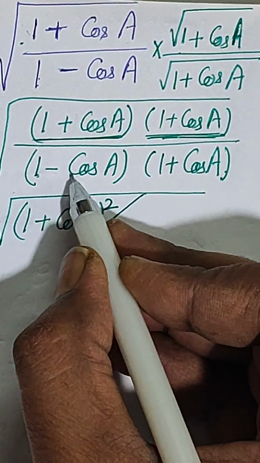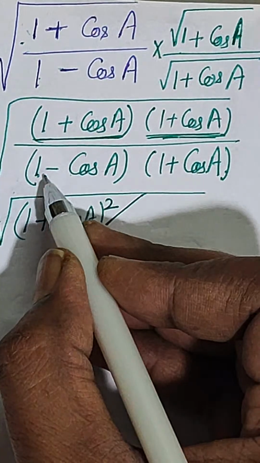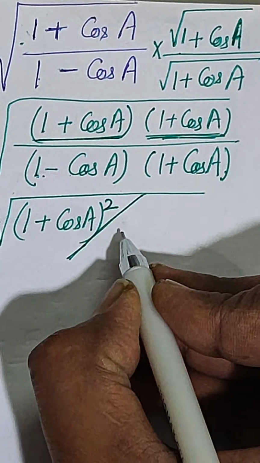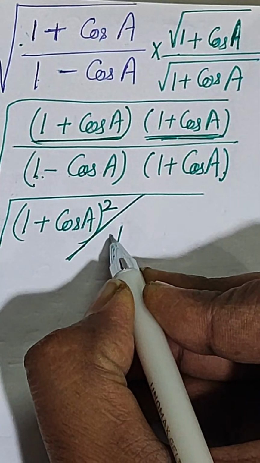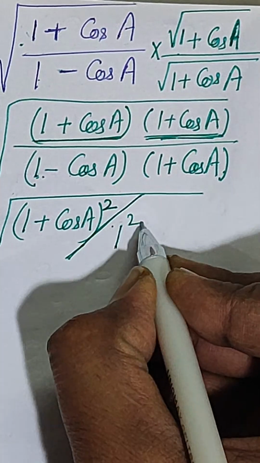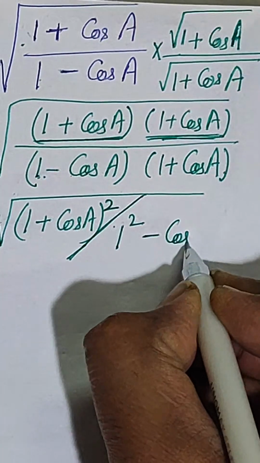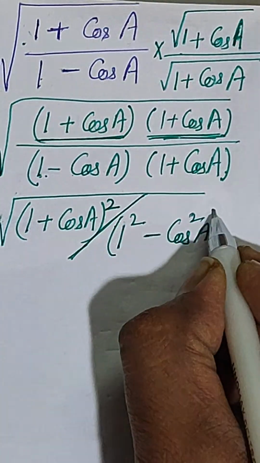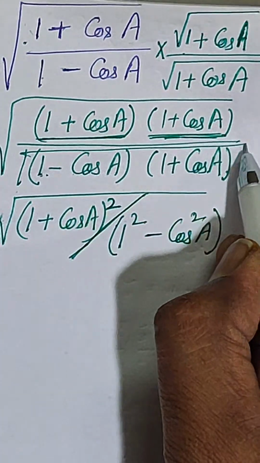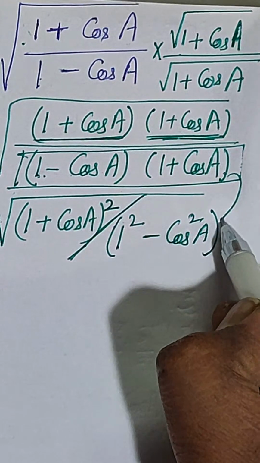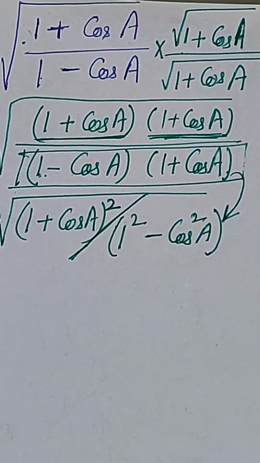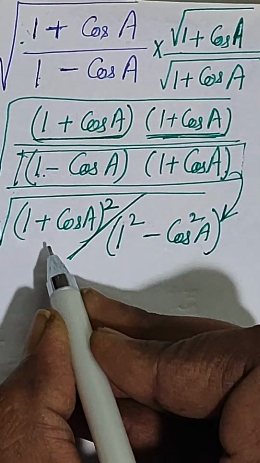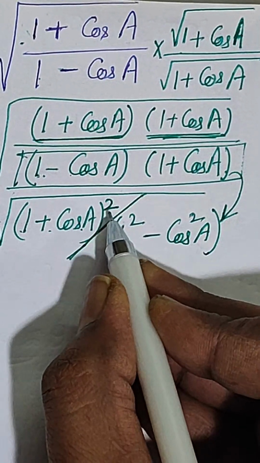You know the formula (a minus b)(a plus b), so it will be converted into that, and the result will be a square minus b square. So the denominator can be written as 1 square minus cos square a, so 1 minus cos a and 1 plus cos a will be converting to 1 minus cos square a, right?